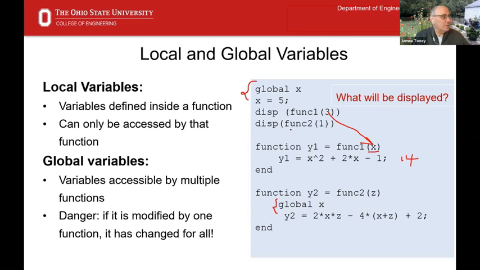Then we call func2(1). So we're passing that value 1 into this argument. So z is 1, not x. But what's x? Well, x is still 5. Okay, this global variable has the value 5.